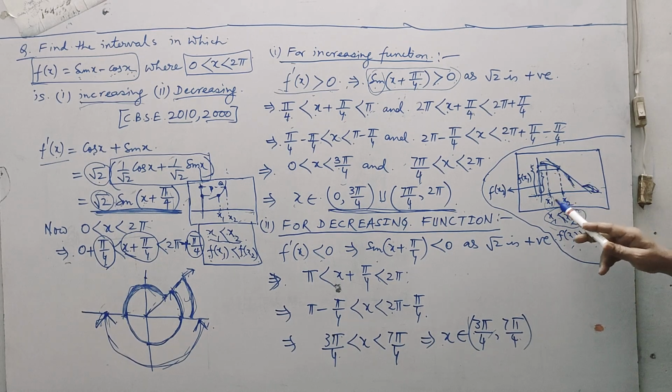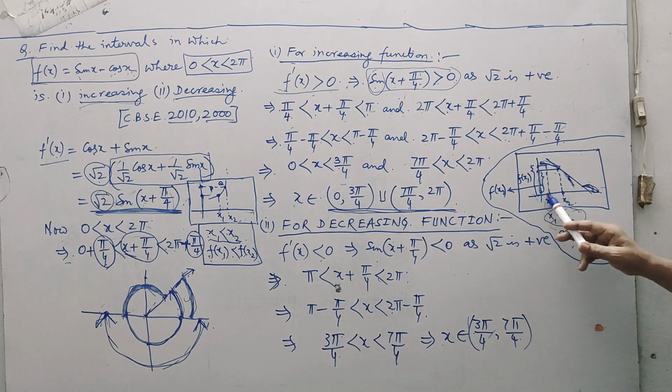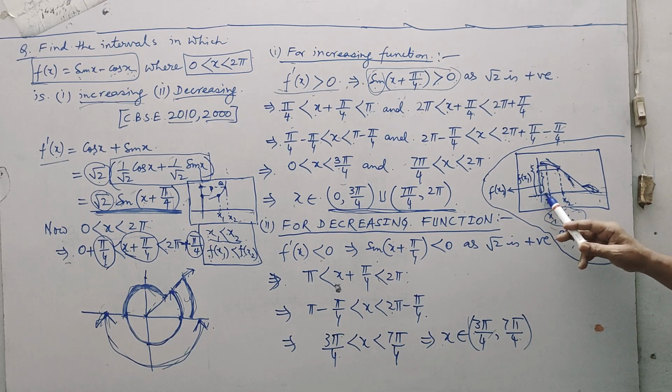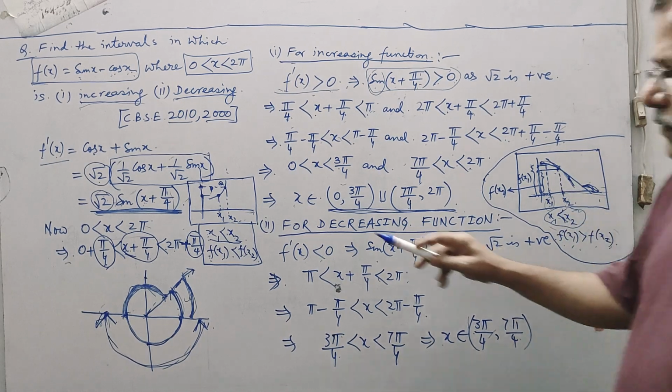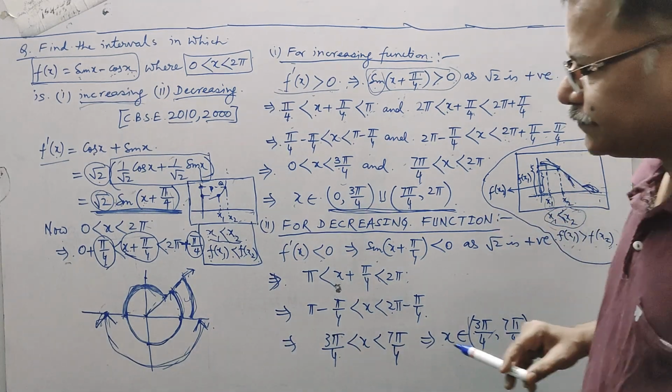So as x2 is bigger than x1, you can see f(x2) is smaller than f(x1). So as we are moving along the x-axis in this horizontal direction, we are finding the value of f(x) is decreasing. Alright, so this kind of function is called the decreasing function. This was the increasing function and this one is the decreasing function.